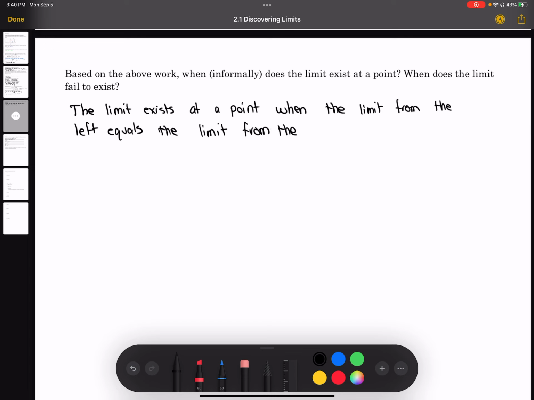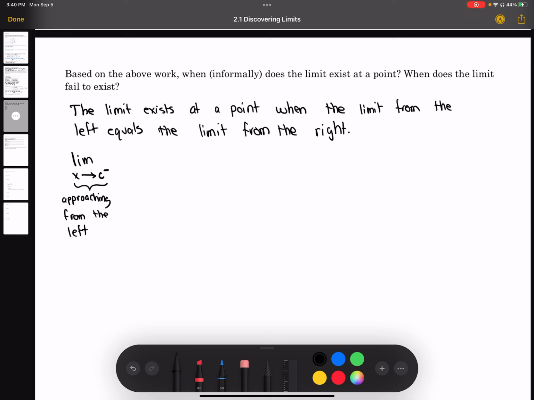Now, mathematically, the way we would say this is, so when we're talking about the limit approaching a value, we mean just any value. So we're going to say the limit as x approaches c, and c is some arbitrary number. And so if we're approaching from the left, this notation means approaching from the left.